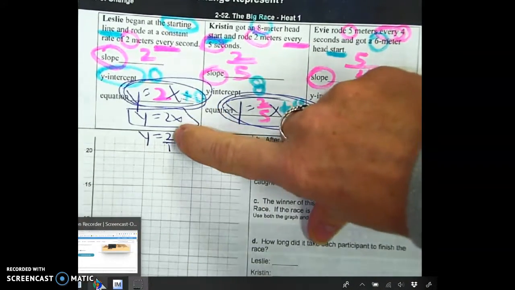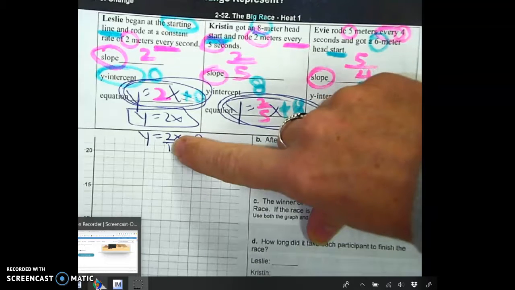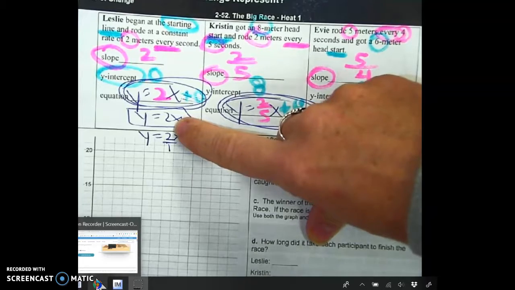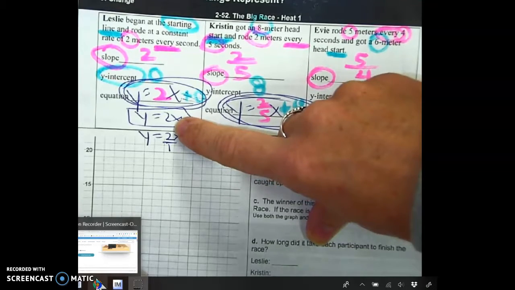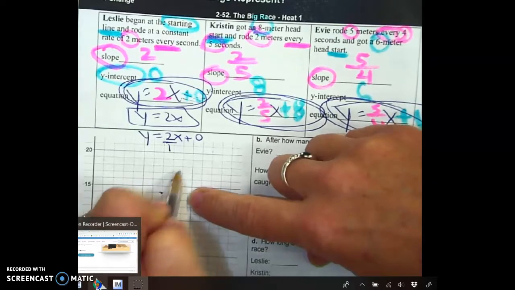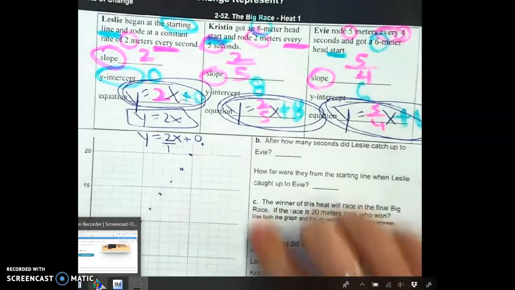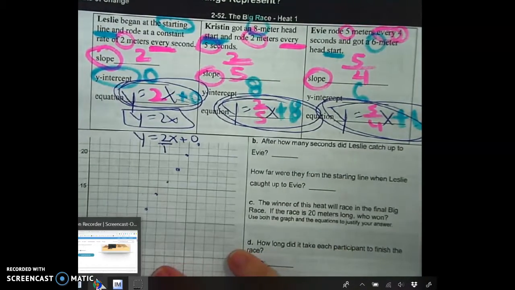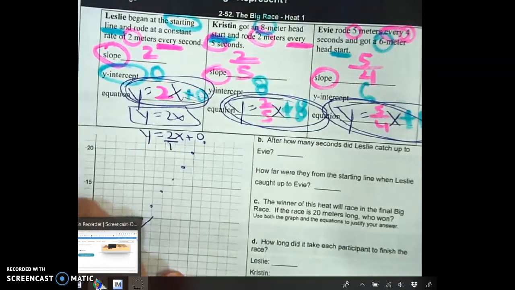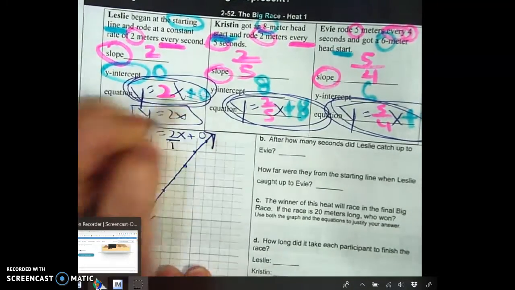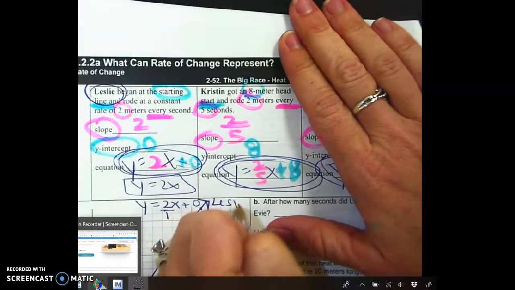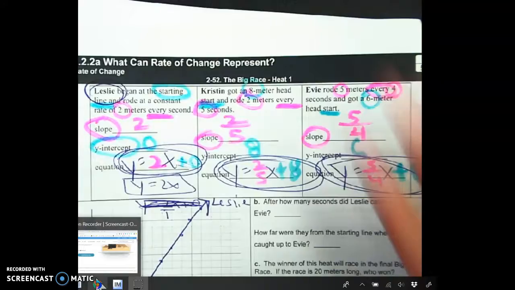That means I go up 2, right 1. Up 2, right 1, all the way. Okay? So now I'm going to connect that. Sorry, not very good. And I just graphed Leslie. Let me cross that off.